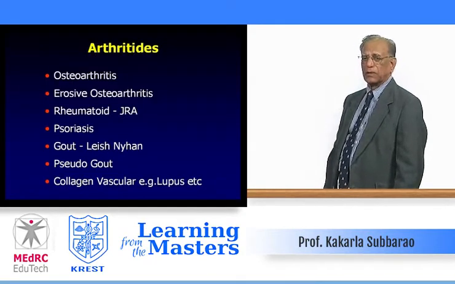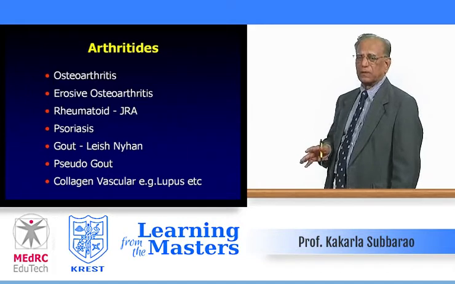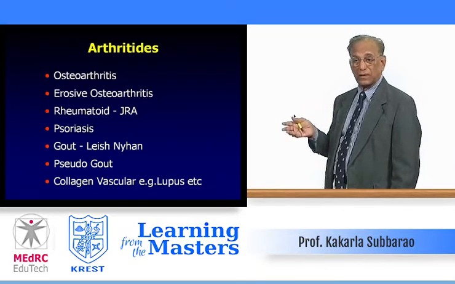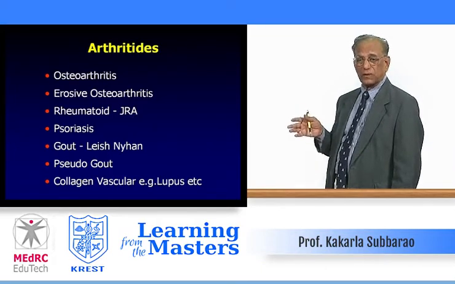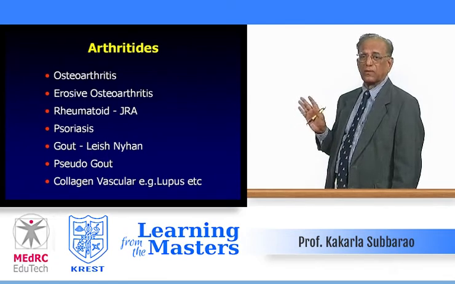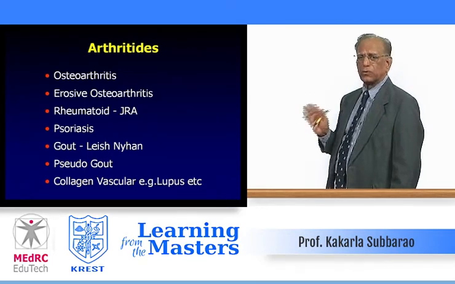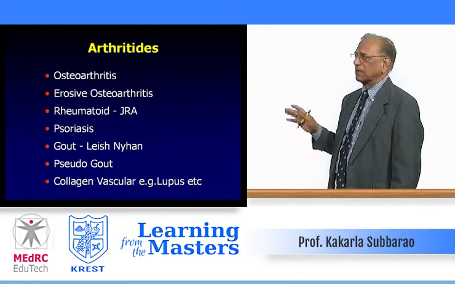Now we come to the important entities, because often clinically whenever they suspect an arthritic process, a rheumatologist or an orthopedic surgeon or an internist, the immediate thing they ask for is radiography of the hands. And what are the clues that we can get? What are the diagnoses we can get in various arthritis?